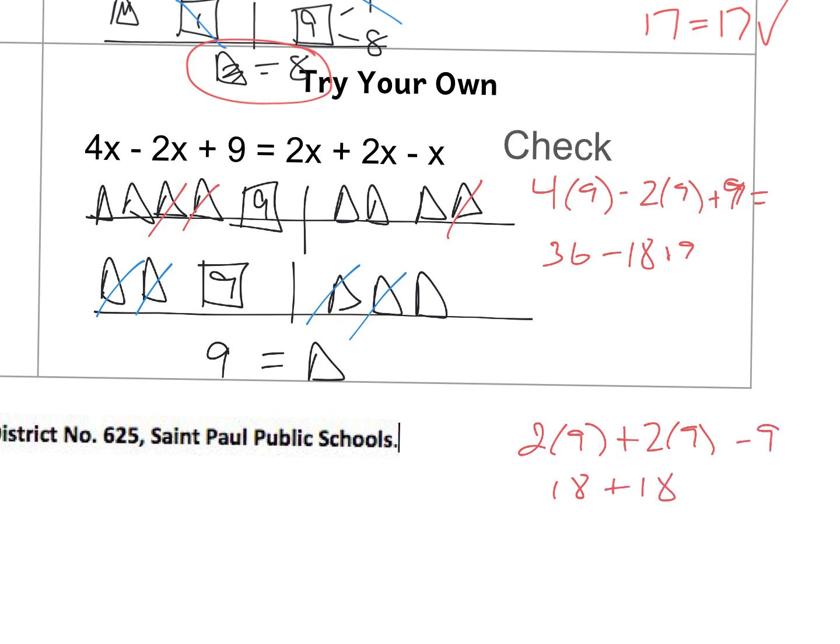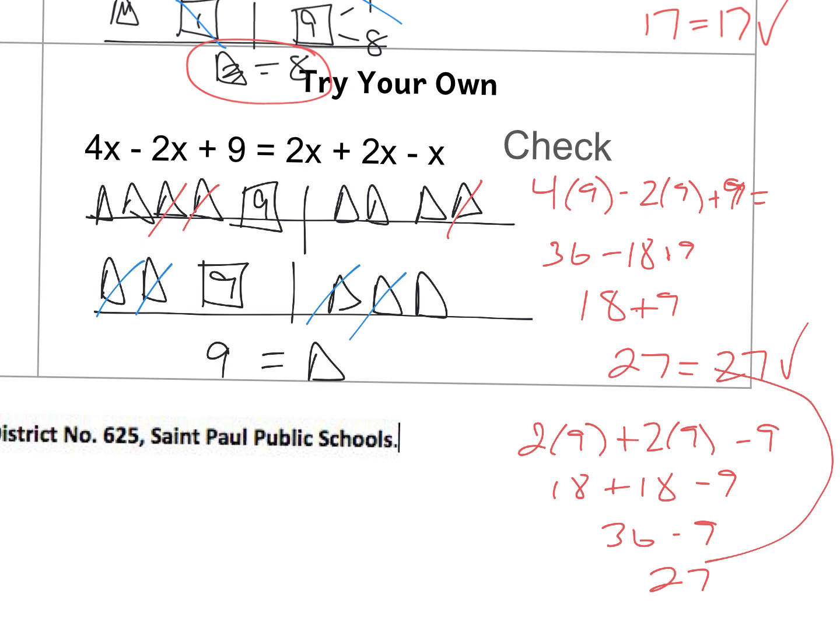So 18 plus 18 is 36. Minus 9 is 27. 36 minus 18 is 18, plus 9 is 27, so 27 is equal to 27, so everything balances out. So your answer should have been x or triangle equals 9.